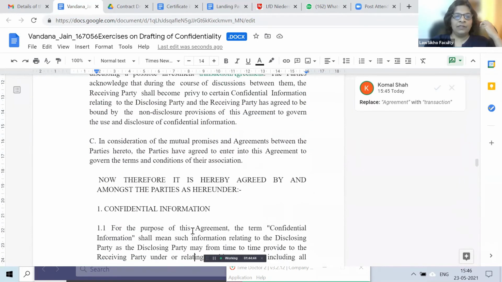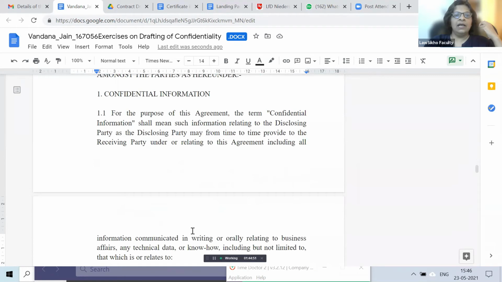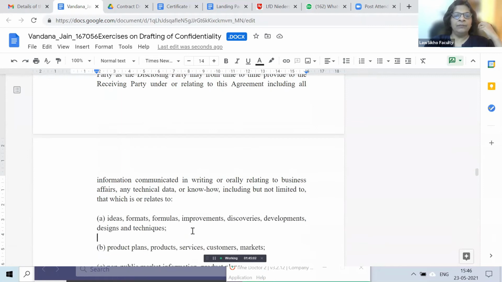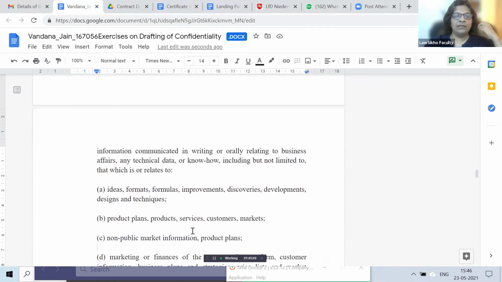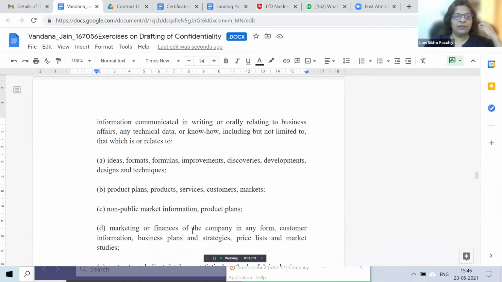For the purposes, confidential information shall be such information relating to disclosing party as disclosing party may from time to time provide to the receiving party under or relating to this agreement. Okay, this is fine. Not limited to ideas, formats, formulas, improvements, product plans, non-public market information. Product plans is already covered. So again, we want to cover it.